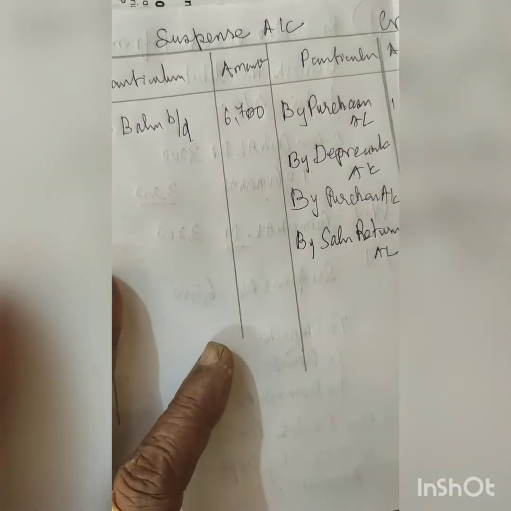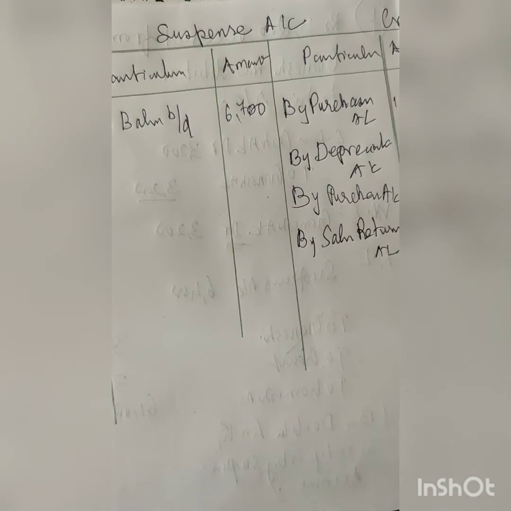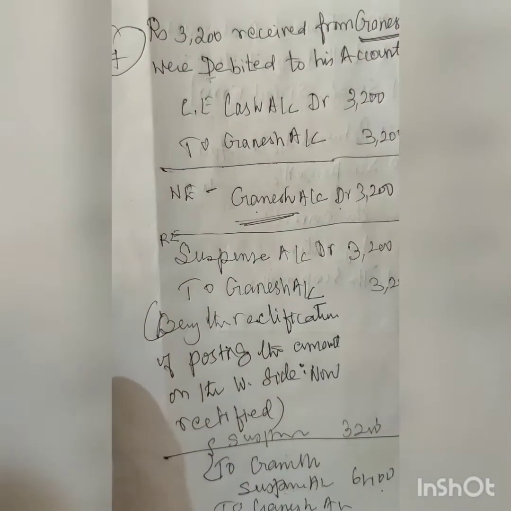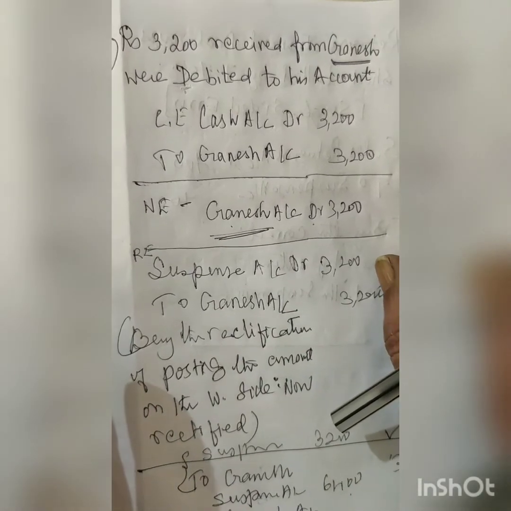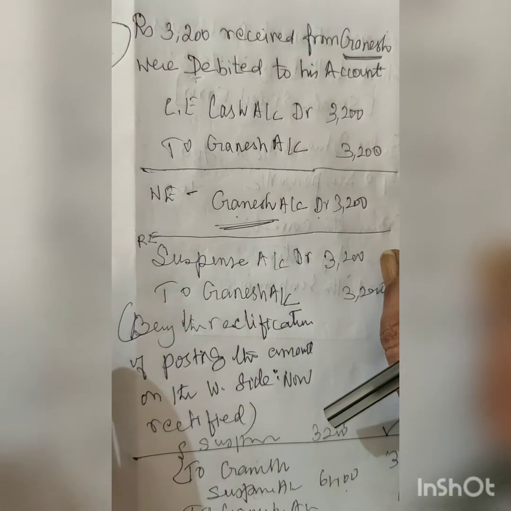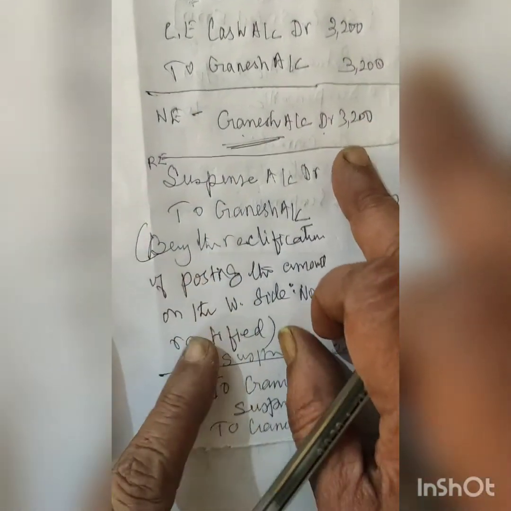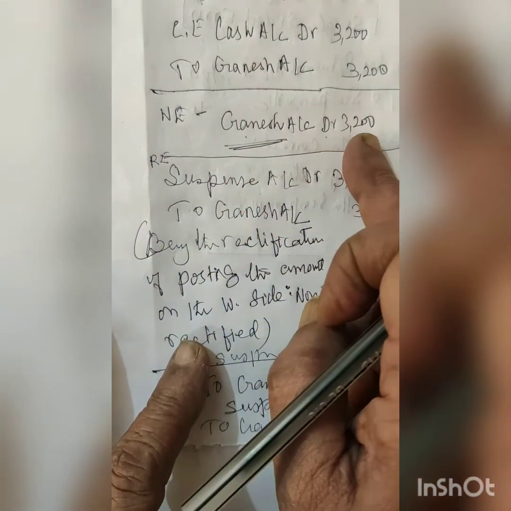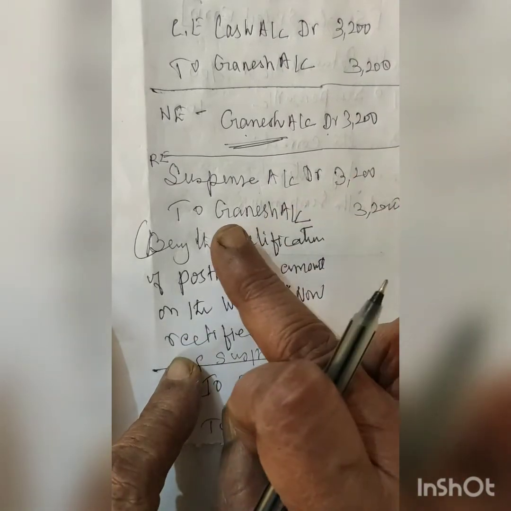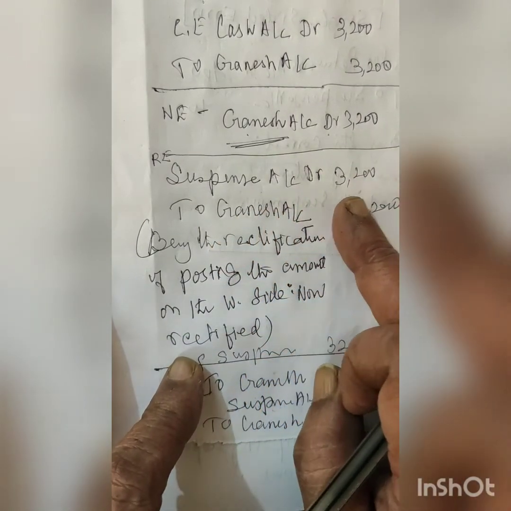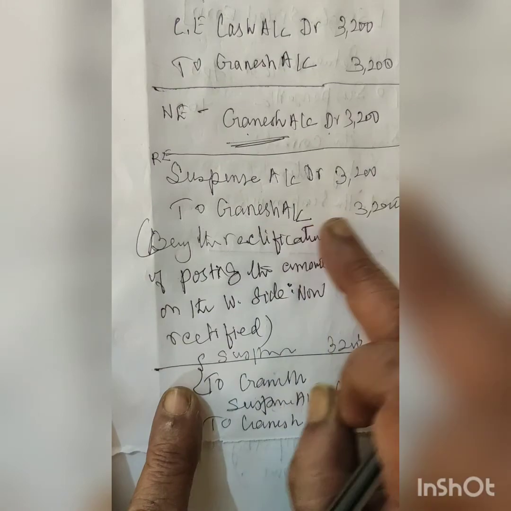Next comes here, what is the next? Seventh one. Seventh one we have seen, that's Ganesh account. Let us see this one. 3,700 received from Ganesh was debited to his account. Correct entry is cash account debited and to Ganesh account. But actual, the Ganesh account is debited with 3,200. The suspense account is 3,200 to Ganesh account.